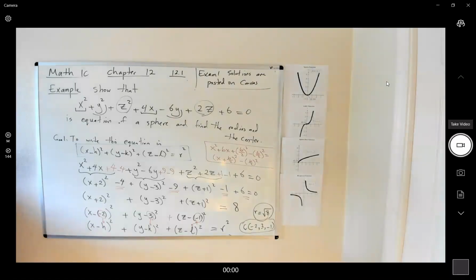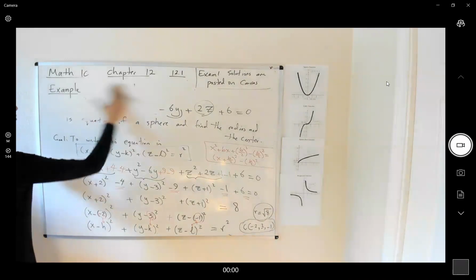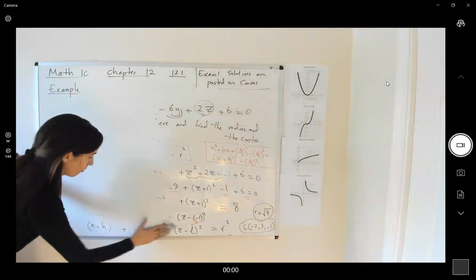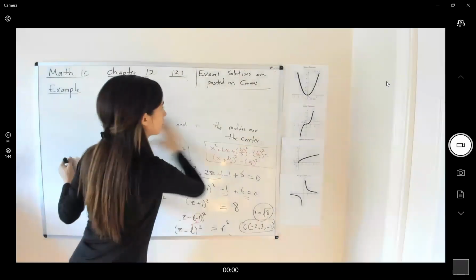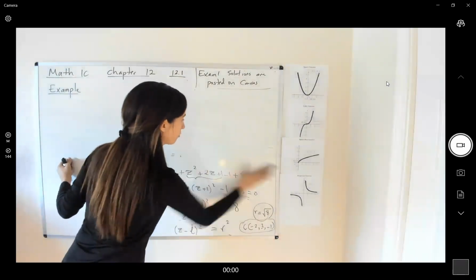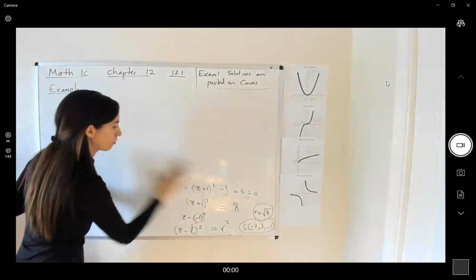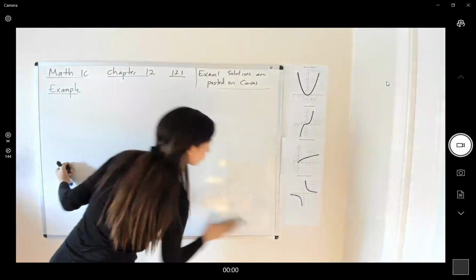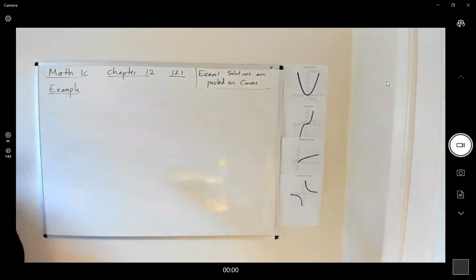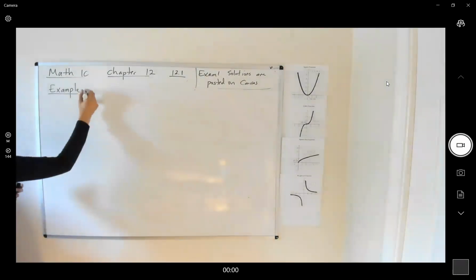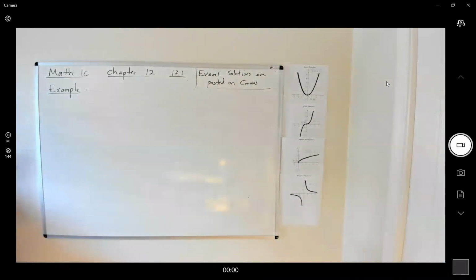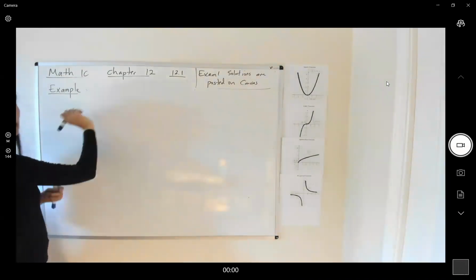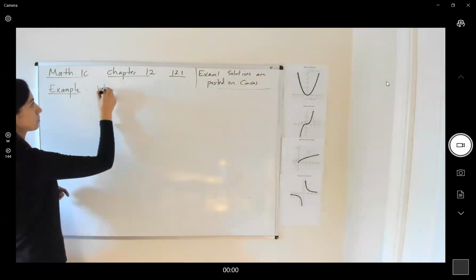Here we go, another example for you. This example says, what region in R3 is represented by the following inequalities?